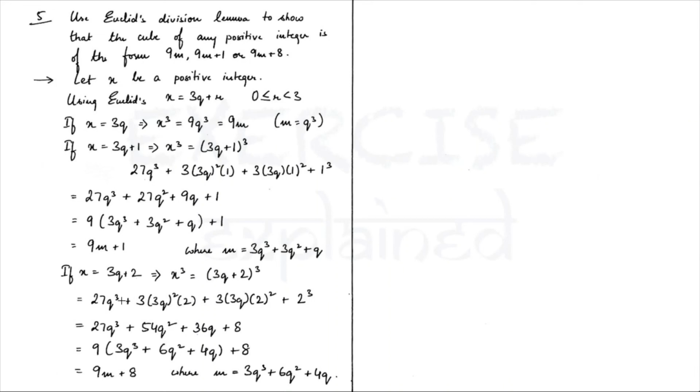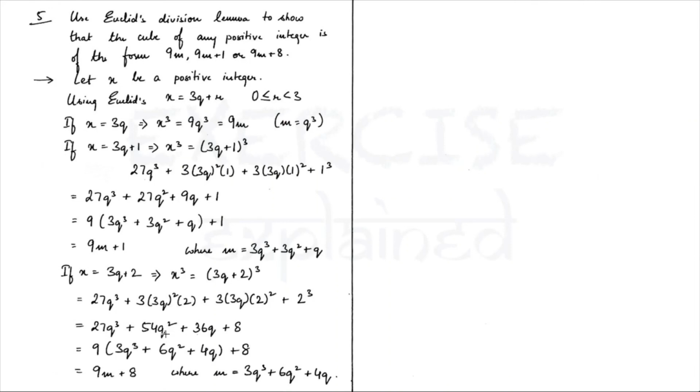So that gives us 27q cube plus 3 into 3q square into 2 plus 3 into 3q into 2 square plus 2 cube. This is again of the form a cube plus 3a square b plus 3ab square plus b cube. So that is nothing but 27q cube plus 54q square plus 36q plus 8.